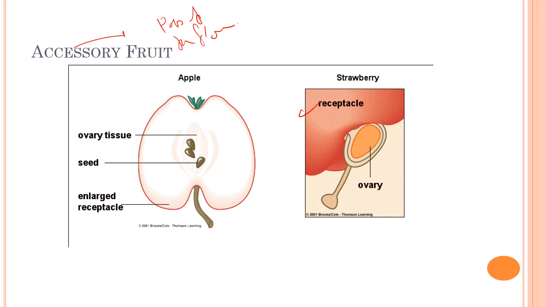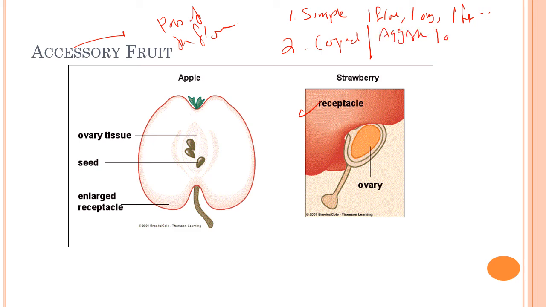If these are there, then it's called accessory fruit. So now you know there is a simple fruit, which means one flower, one ovary, one fruit, like citrus, pear, whatever they are. Two, compound, and this is made of aggregate, which is more than one ovary, more than one fruit.